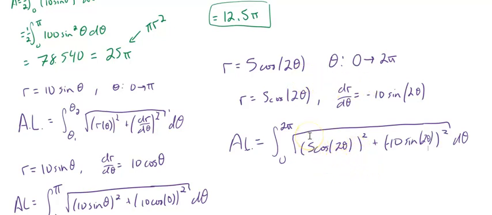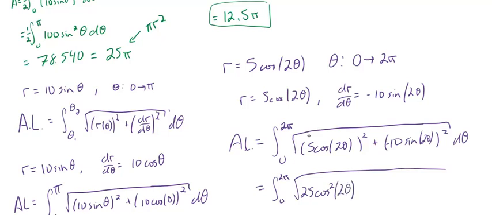So what I want you to see is this is the integral from 0 to 2 pi of the square root of 25 cosine squared 2 theta plus 100 sine squared of 2 theta, all d theta.